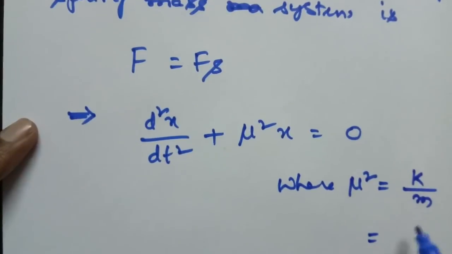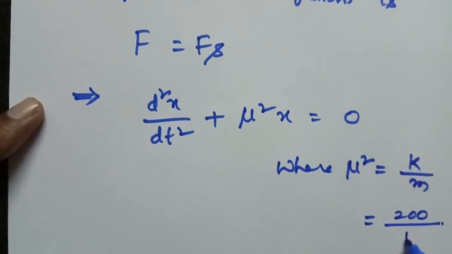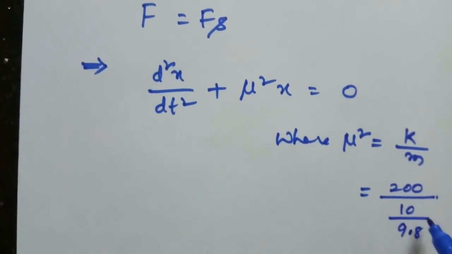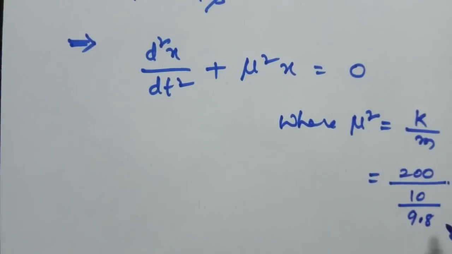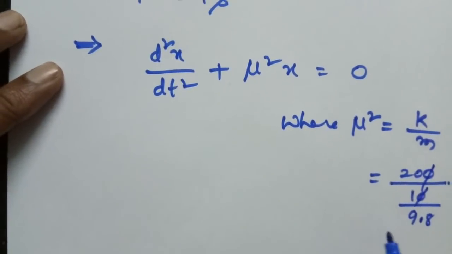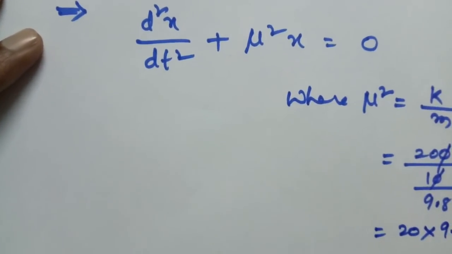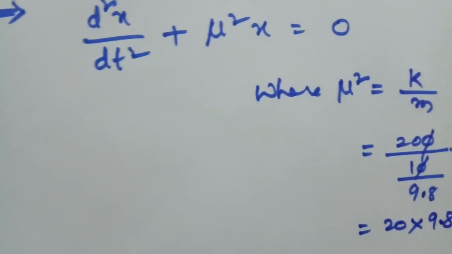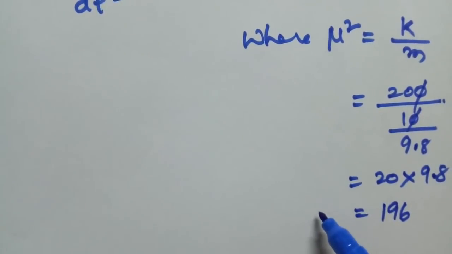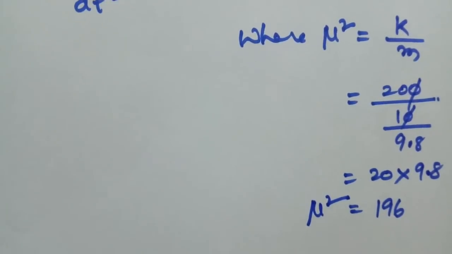The k value we found is 200, and m is equal to 10 by 9.8. Therefore this is equal to 20 into 9.8, that becomes 196. Therefore mu square is equal to 196.